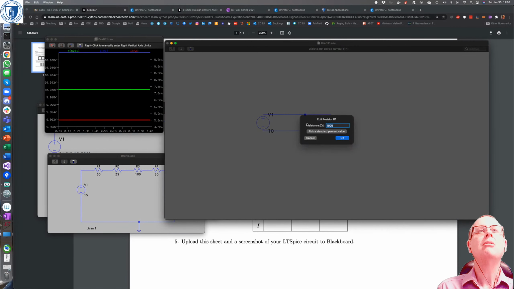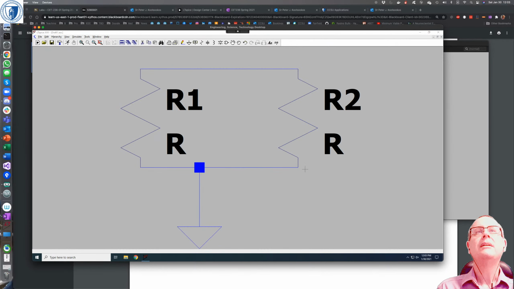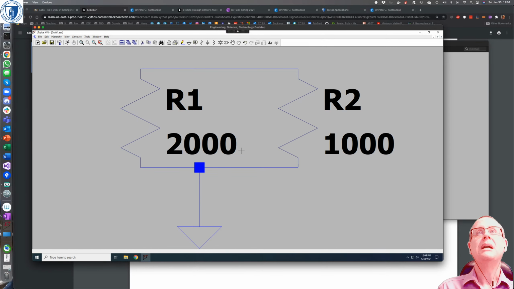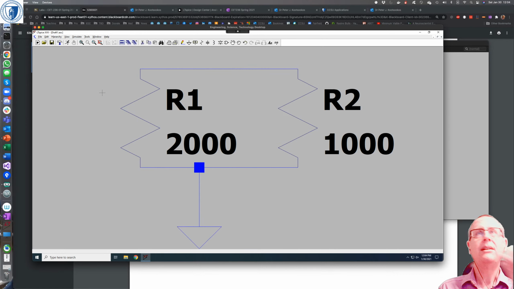So I go here, I right click, and it lets me edit the resistor. And let me see if I can find that one. Here I can right click and it gives me the ability to change the value of the resistor. Okay, that's both in the Mac version and in the Windows version.